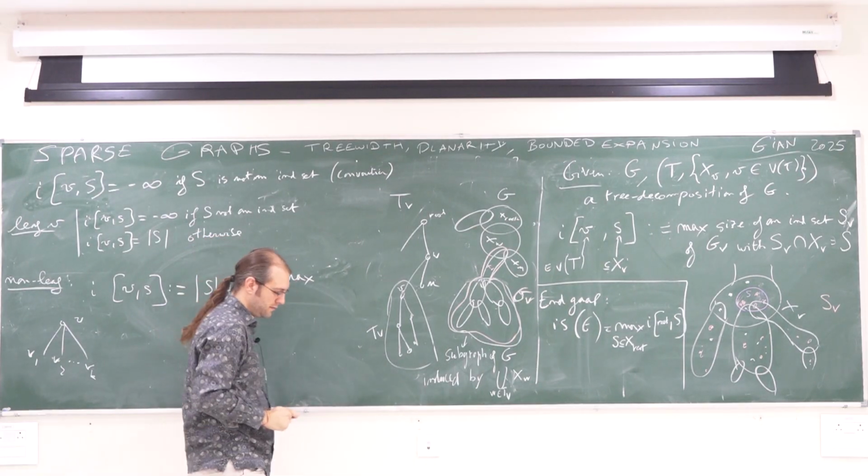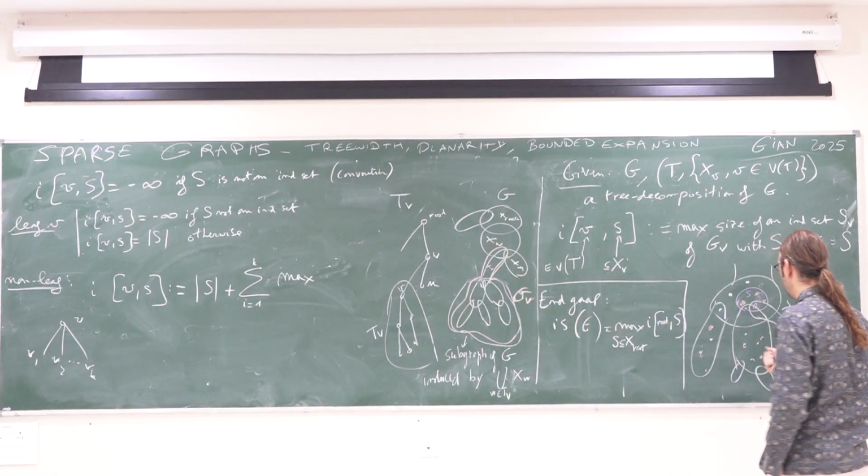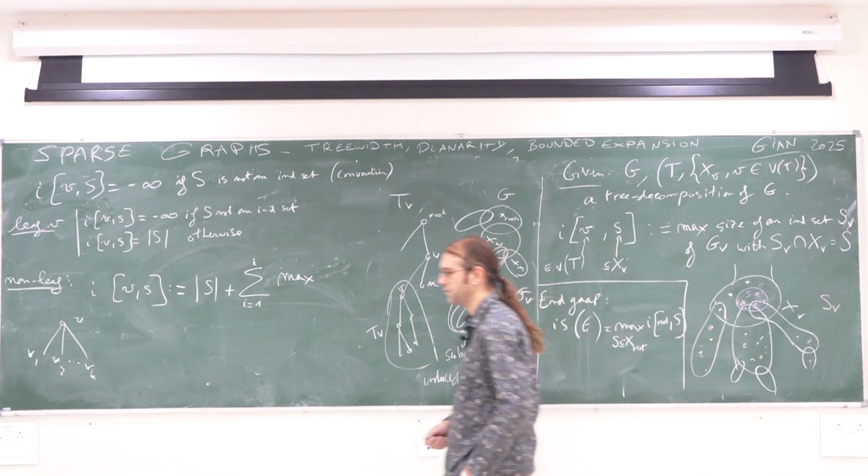Now for every child, I'm taking the maximum independent set of that subgraph, among all the independent sets which agree with S. Let me write that formally.